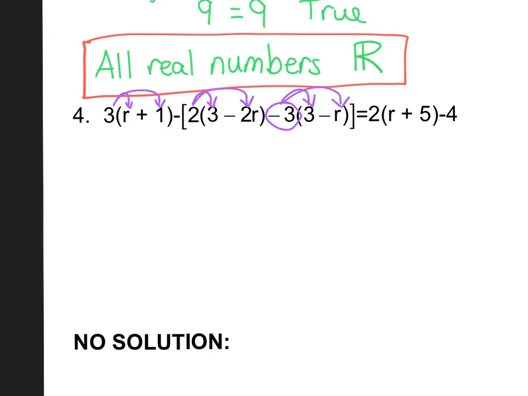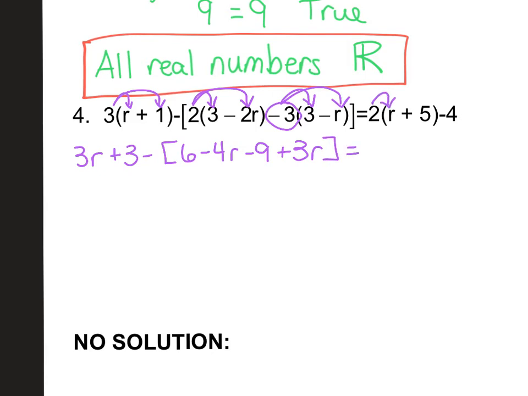outside of the brackets. So on the left, I've got 3r plus 3 minus, I'm going to go ahead and keep these in brackets right now, minus 6 minus 4r minus 9. And remember, negative times a negative makes a positive 3r.